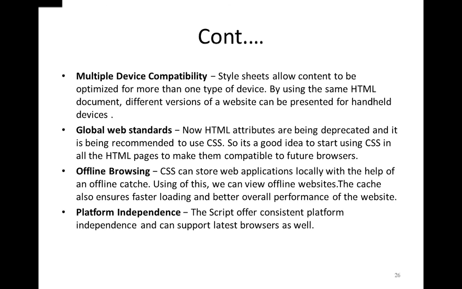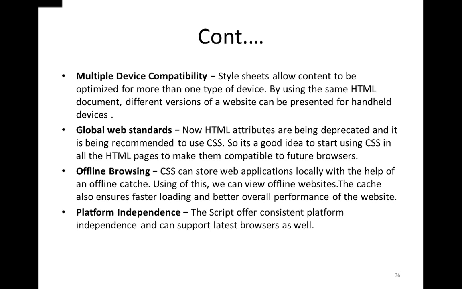And offline browsing is another feature of this. In offline browsing, we use the cache memory of the system for storing these websites offline. In the absence of internet, you can access these websites. So it improves the overall performance of accessing the website.